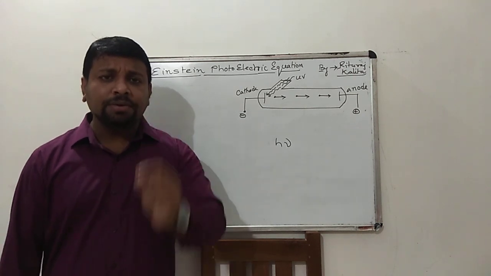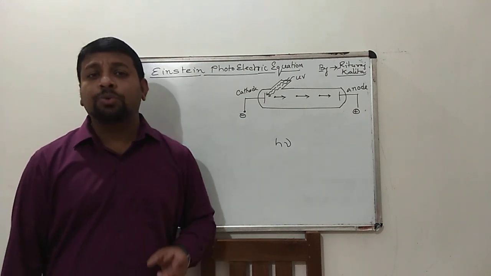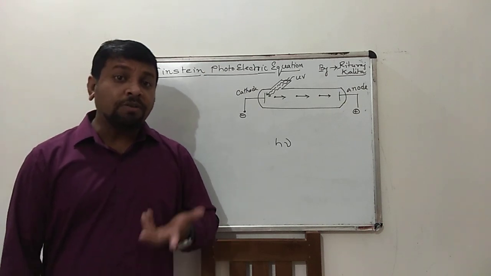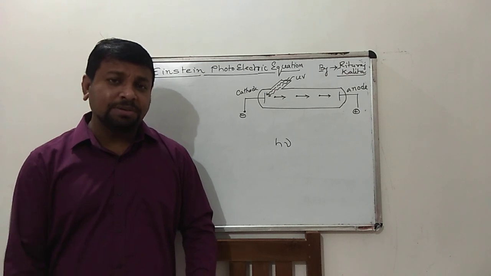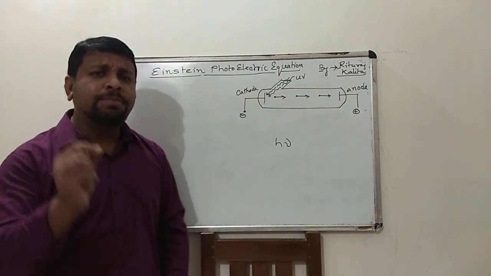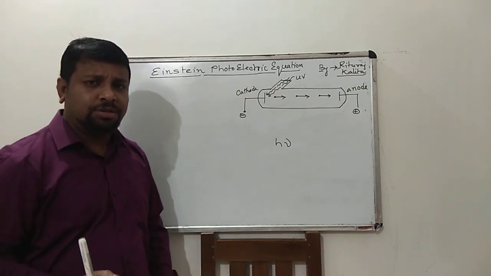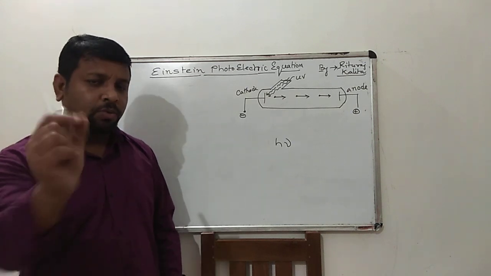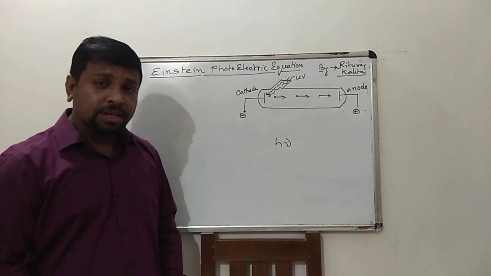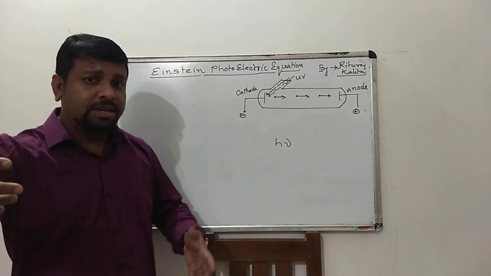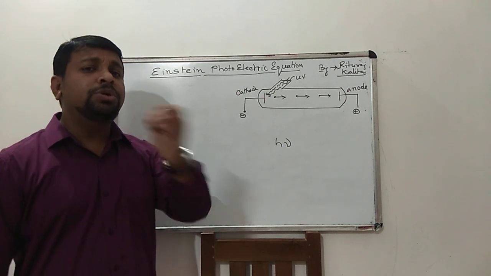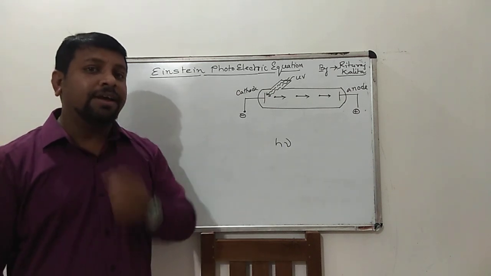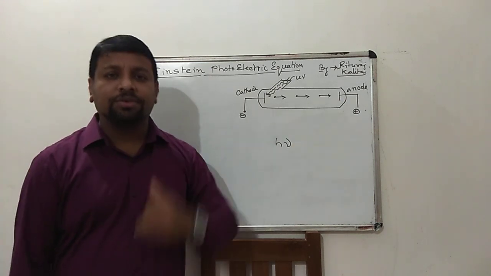The minimum energy required to eject the electron from the metallic surface is known as the work function, and the remaining energy is used as maximum kinetic energy to move the electron from cathode to anode.